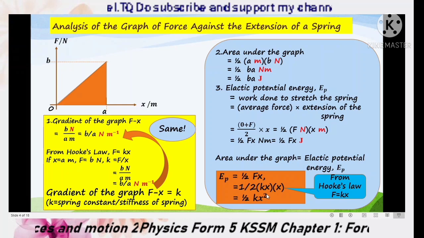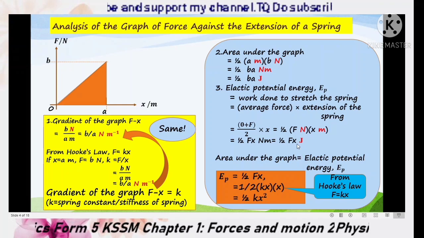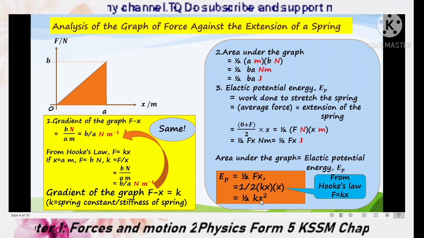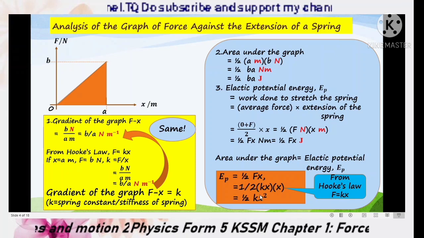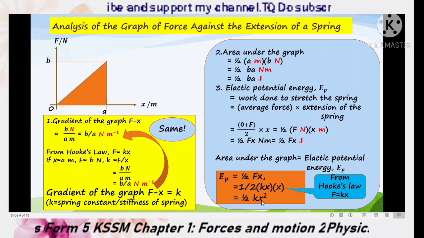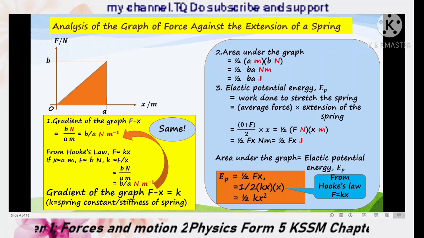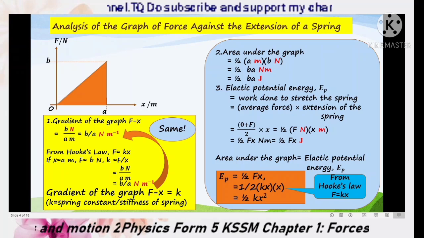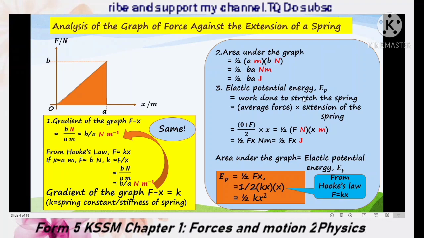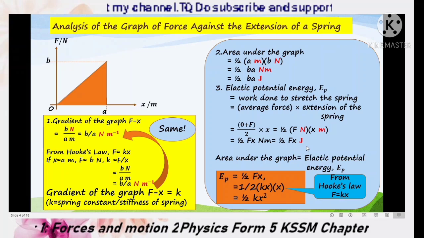If you look carefully, the elastic potential energy unit is joule, meaning the SI unit. So when you substitute the value of x into this formula, make sure the unit for x must be meter. Sometimes it is given in centimeter or millimeter, so you need to convert to meter. Only then do you substitute into this formula, because we want the final unit to be joule.